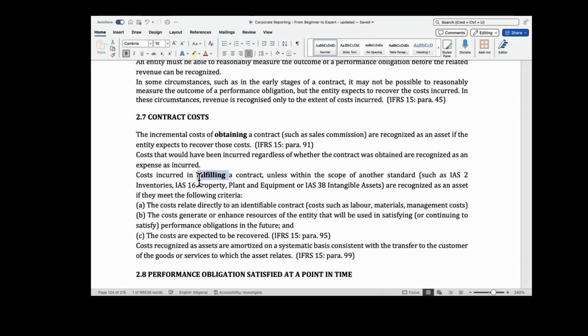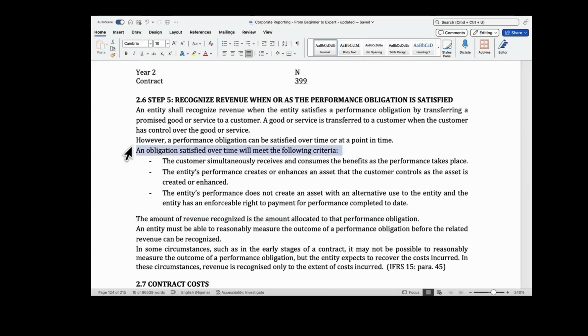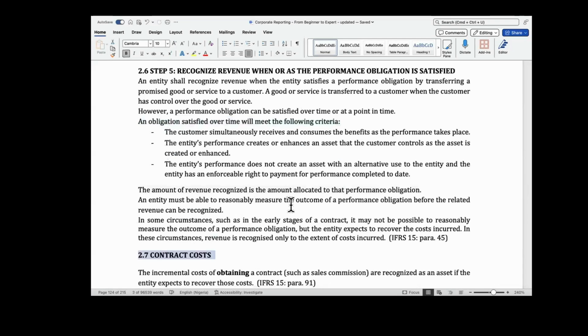That's all of this. I'm talking about where performance obligation is satisfied over time, right? So what took me to contract costs is a situation whereby you cannot measure the outcome. You cannot say, okay, up to date, we have done 20%. Because when performance obligation is satisfied over time, the revenue you can recognize is what you have done to date.